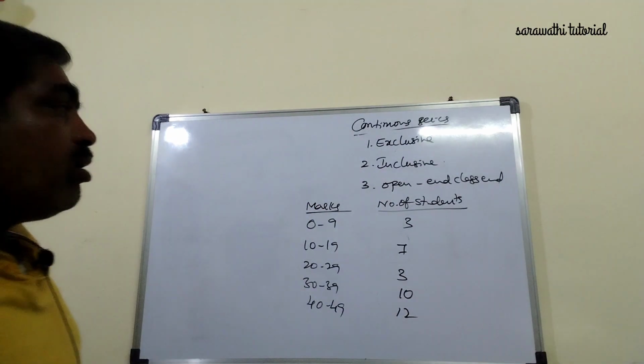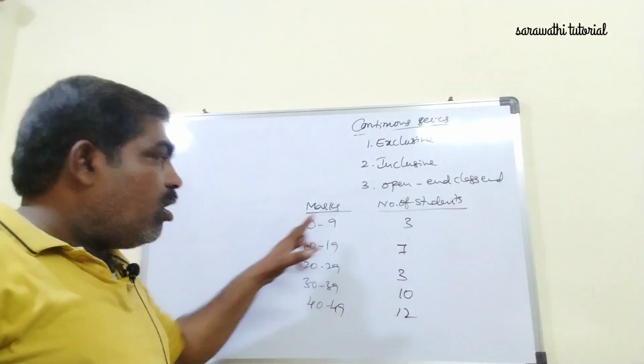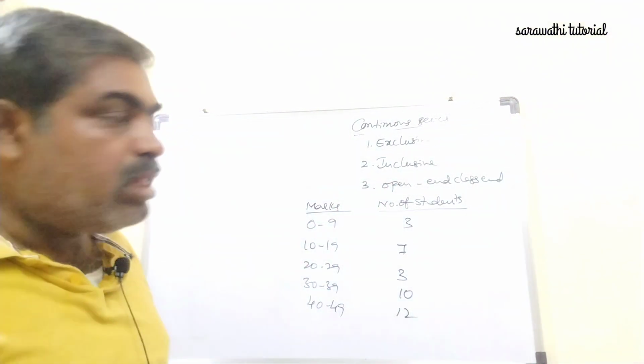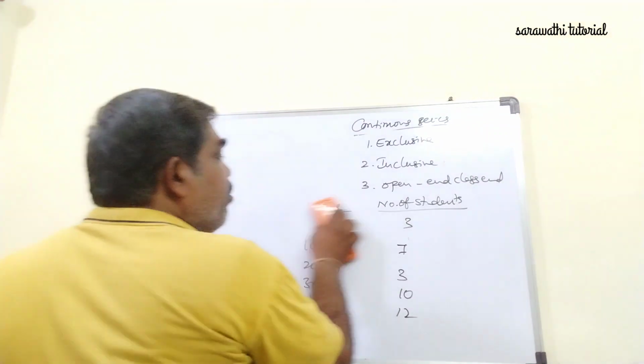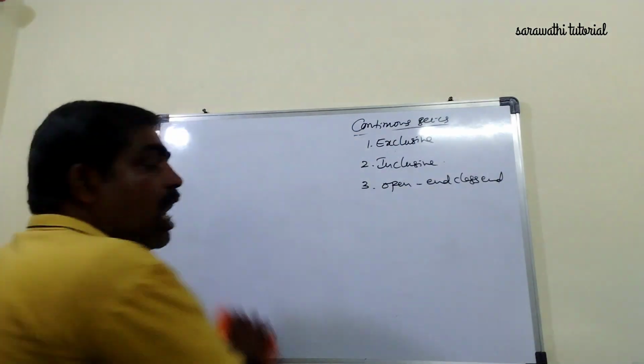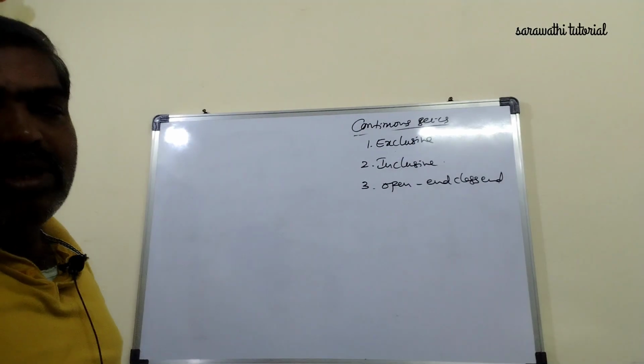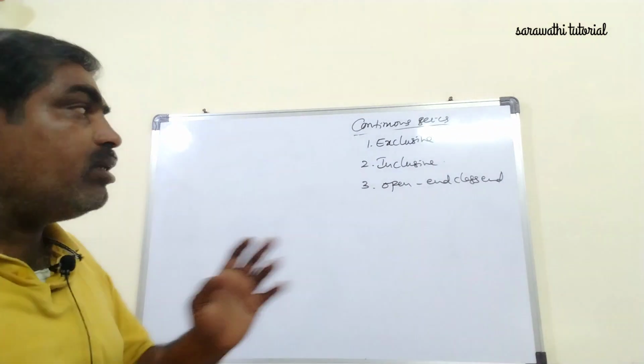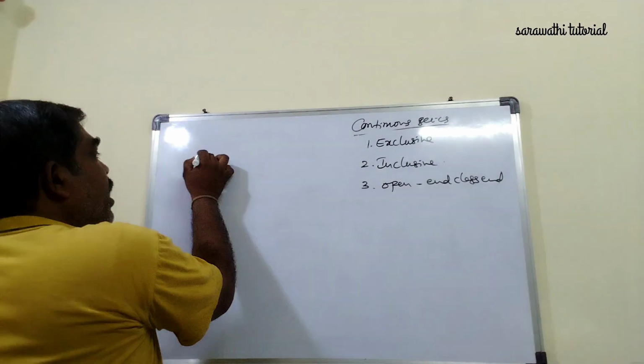Open-end means what? In that, the lower limit of the first class and the upper limit of the last class, we don't know about those. The two points are not known. For that reason, it is called an open-ended class.